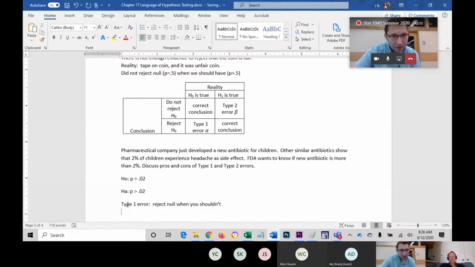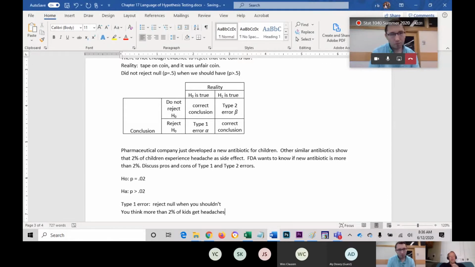Is that saying that you think that it has a percentage of headaches that's greater than 2? Yes, you think that more than 2% of kids get headaches.